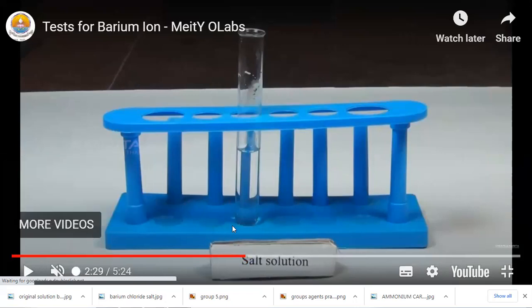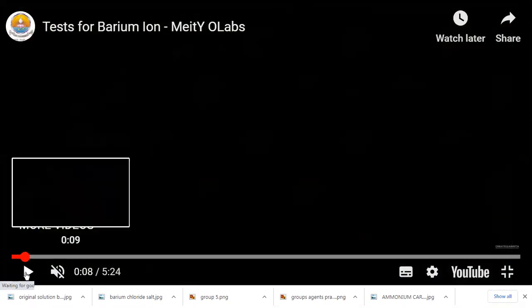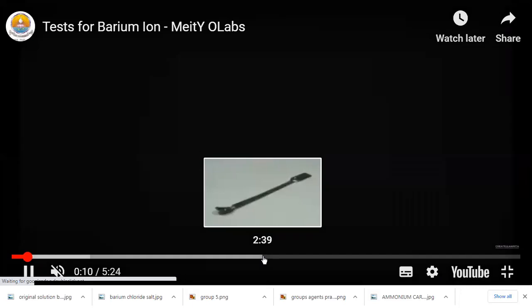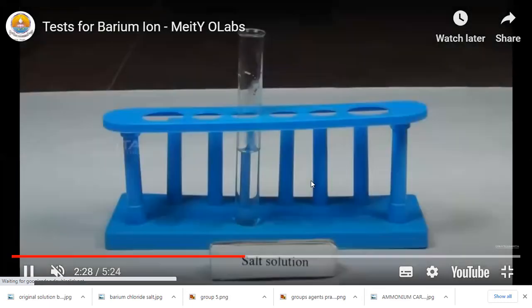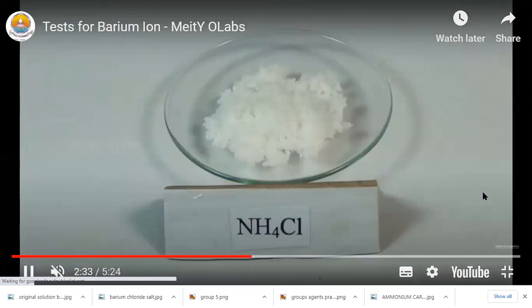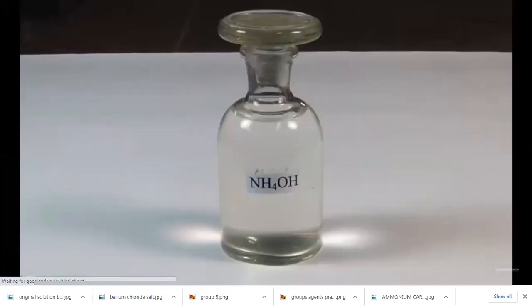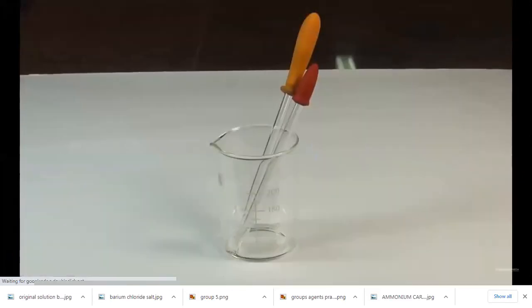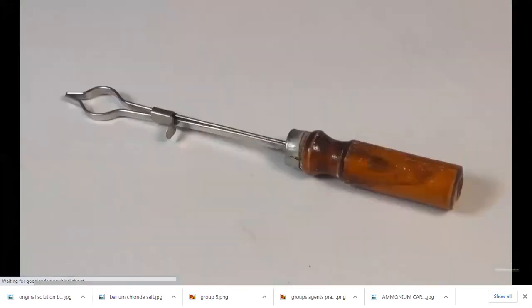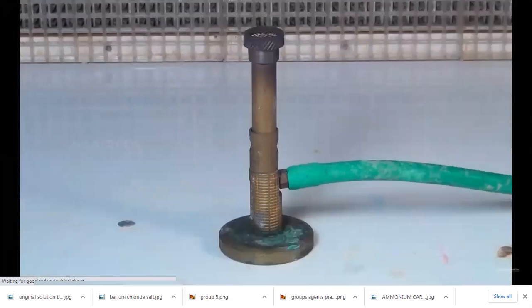Let us have a look. We need salt solution, that is what we call original solution. We need ammonium chloride, ammonium hydroxide, and ammonium carbonate solution. We need a dropper, a spatula, a test tube holder, and a Bunsen burner.